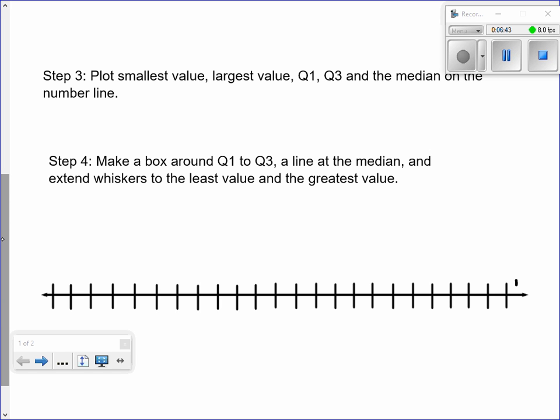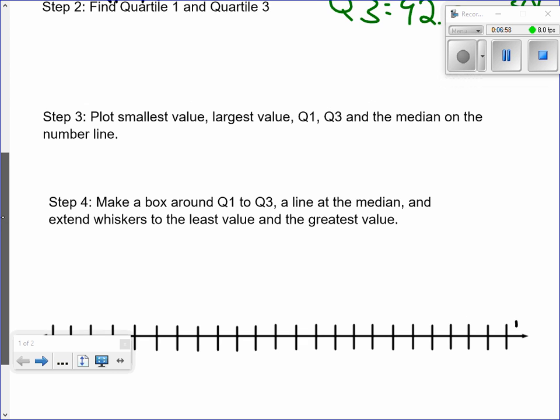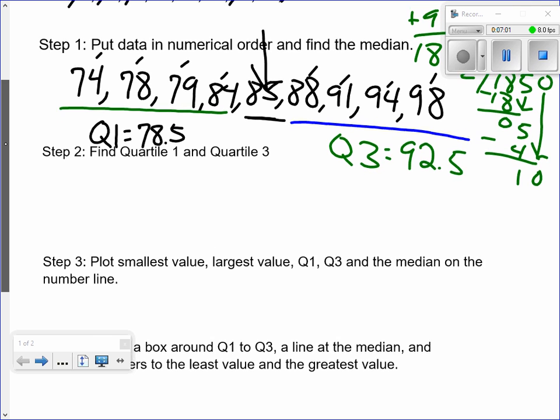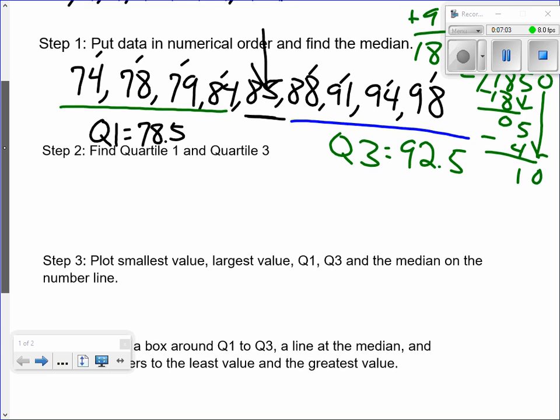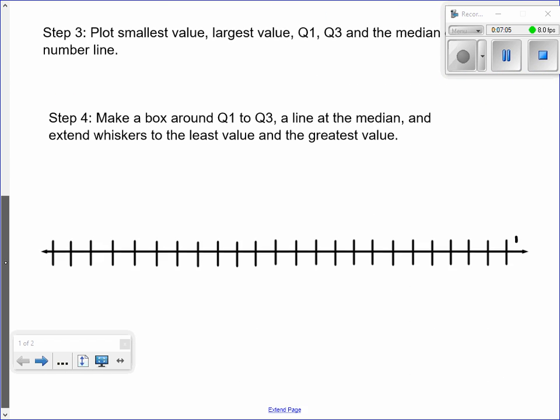First of all, we can easily find the smallest value and the largest value. Well, what was our smallest value? We started with 74, right? Okay.